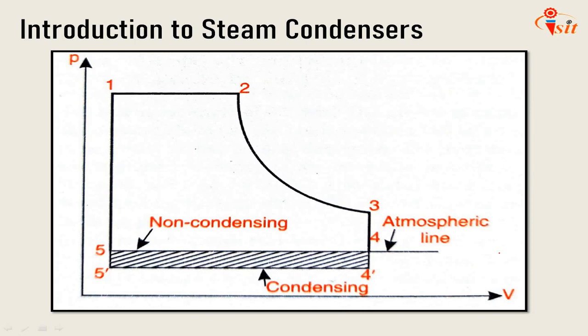The steam expands to a greater extent, which results in an increase in available heat energy for converting into mechanical work. Now the figure shows the shaded area. The shaded area shows the increase in work obtained by fitting a condenser to a non-condensing engine.